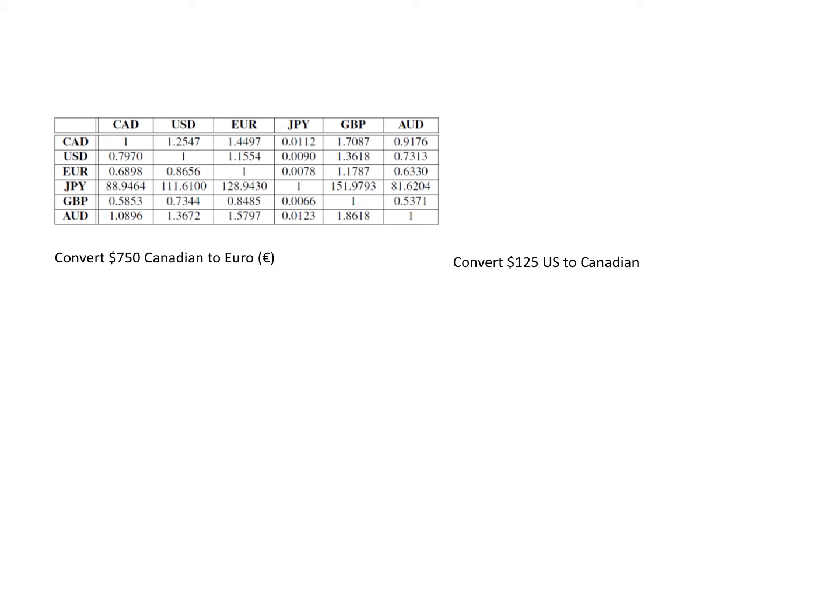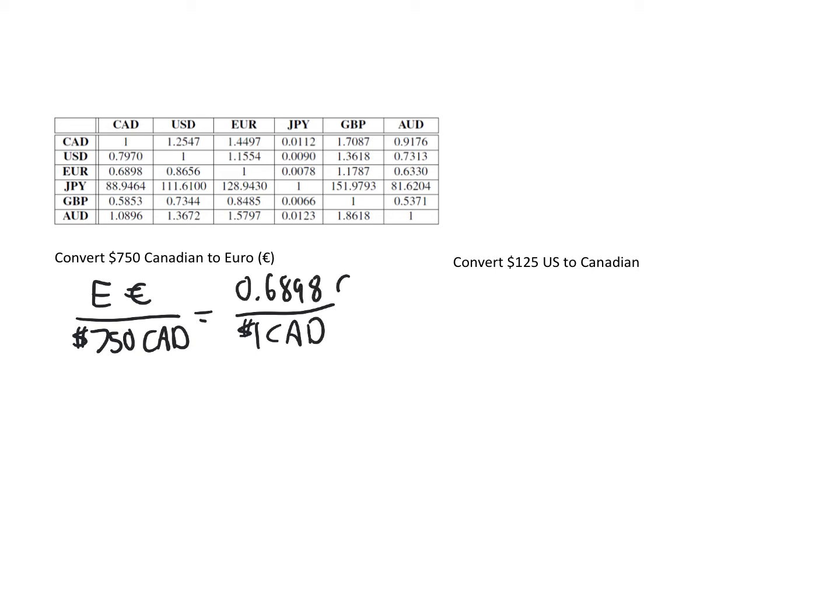A big use for proportions is money conversions. Now here we want euros, so I'm going to put euros on top. We have 750 Canadian. We find that 1 Canadian is equal to 0.6898 euros.